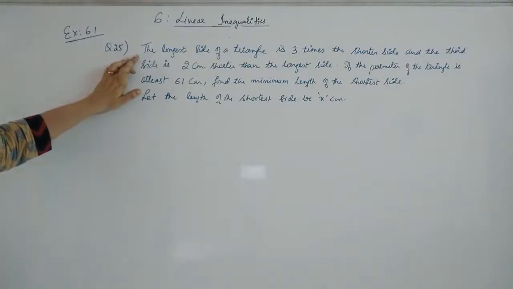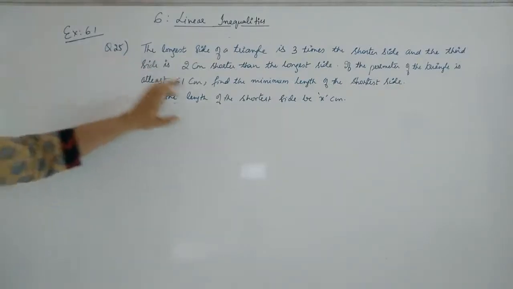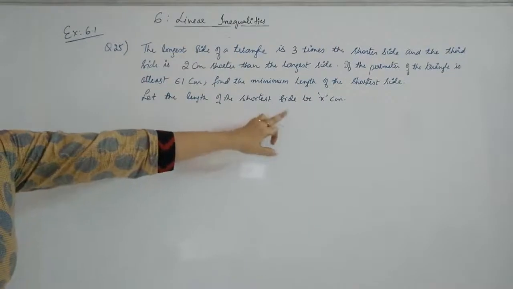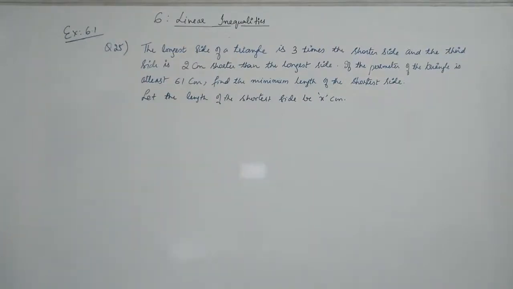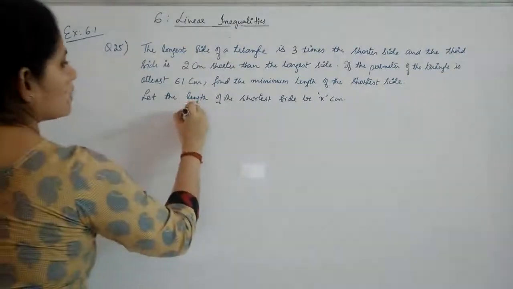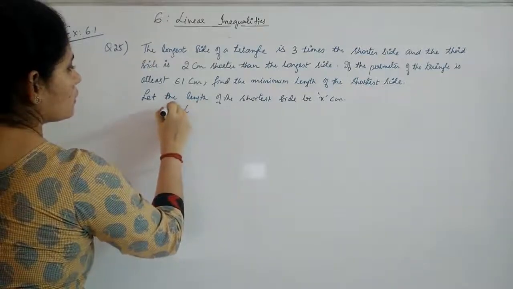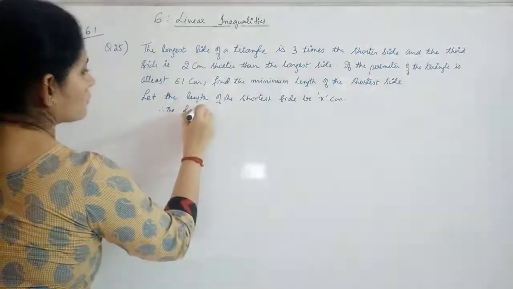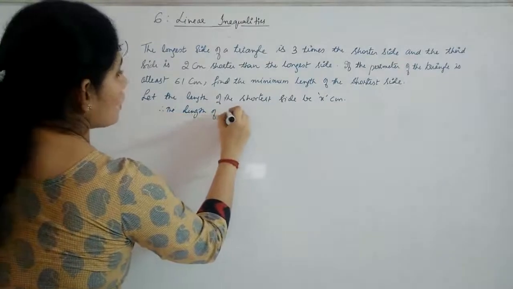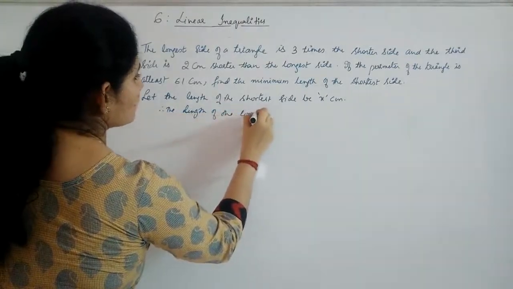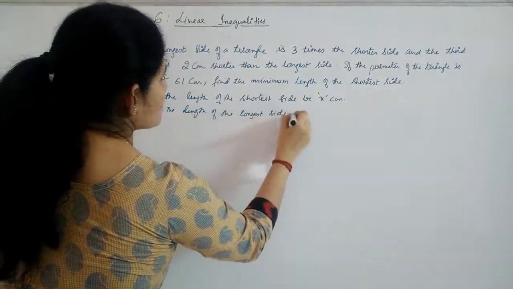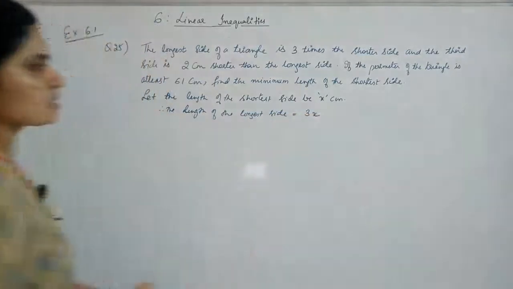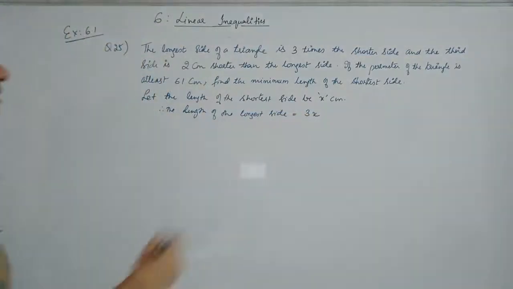Just see, the longest side of the triangle is 3 times the shortest side. If you are taking the shortest side as x, then the length of the longest side is equal to 3 times the shortest side, that is 3x centimeters.